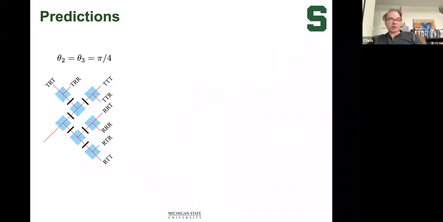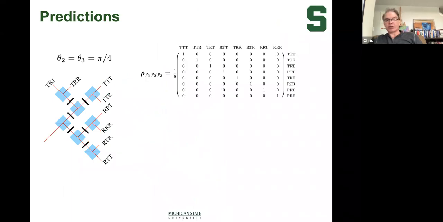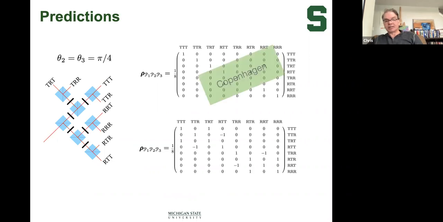If we do this with this rotation angle pi/4 that you saw, then the density matrix in the Bohr picture, like I showed you before, is a completely random matrix. Because of course, if you measure at pi/4, you get a 50-50 random result. That's the Copenhagen density matrix.